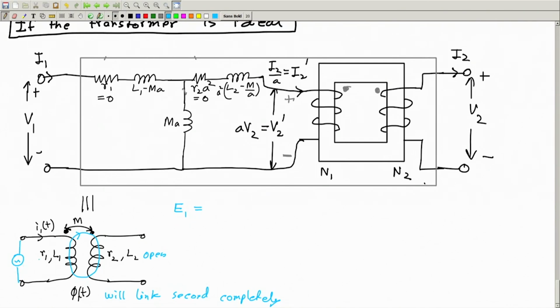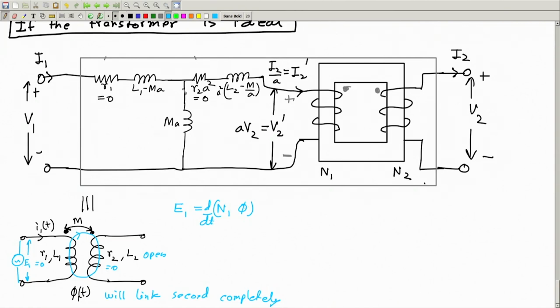Ignore the drop, actual R1 is equal to 0, and R2 is equal to 0. So E1, this voltage, is L1 multiplied, or let me write this first, N1 times phi, this is flux linkage, d/dt.